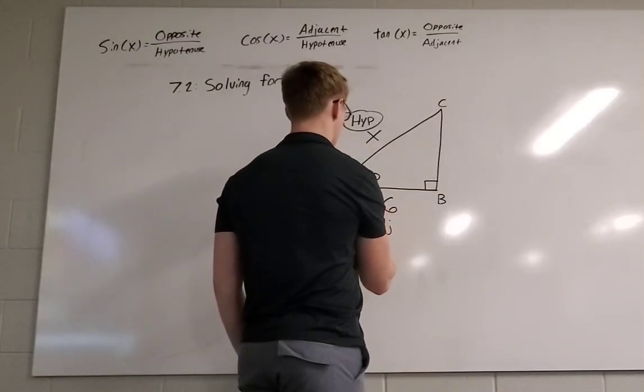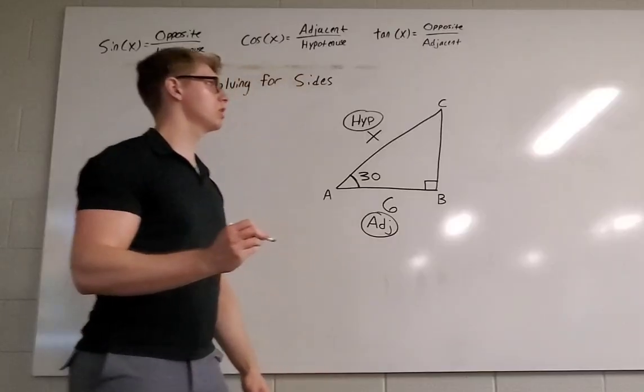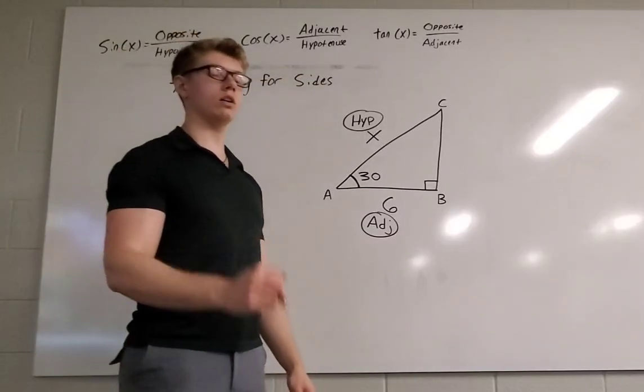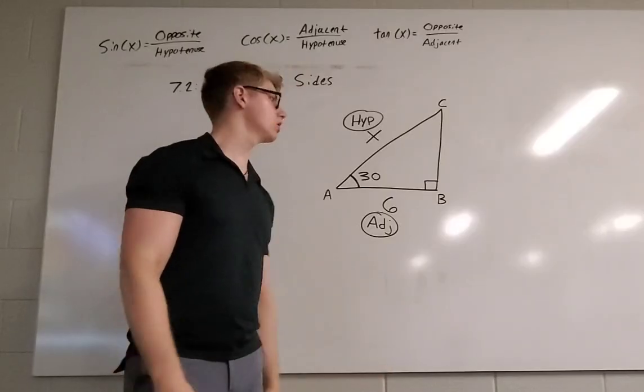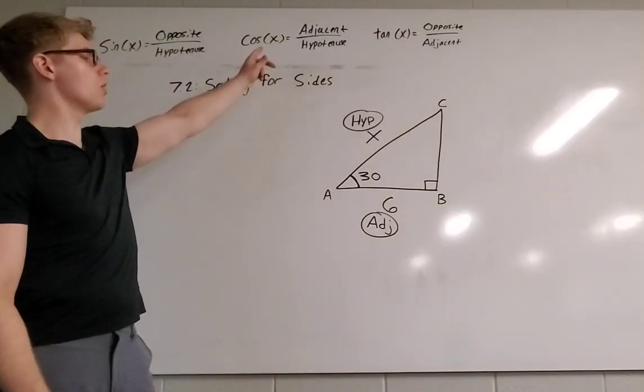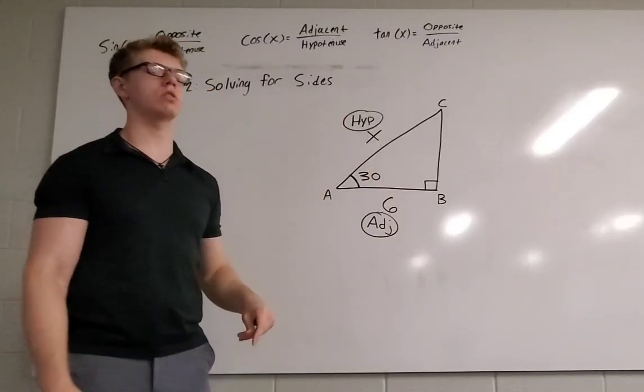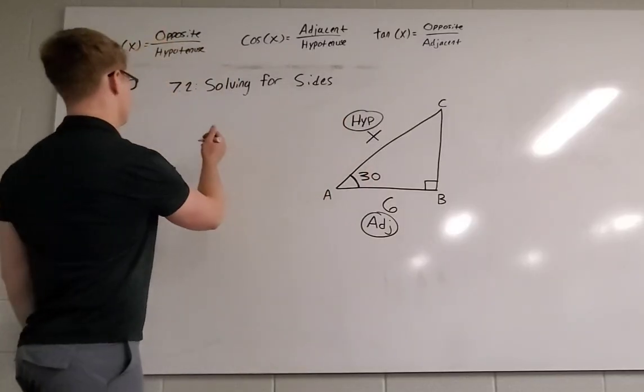And just like last time, we're going to figure out which ratio we need to use. If you remember, we talked about SOH CAH TOA last time, and CAH, C-A-H, cosine is adjacent over hypotenuse. We have the adjacent, and we're solving for the hypotenuse. So let's use cosine this time.